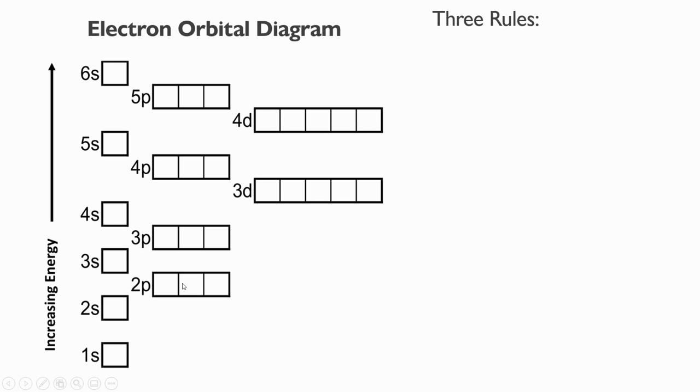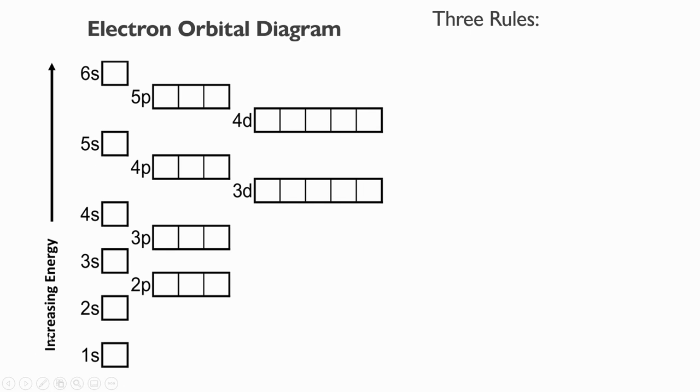These 3 boxes represent the 3 different p orbitals at the second energy level. So each box is an orbital in a sense. We're not looking at the shapes anymore, but each box represents an orbital, a p orbital at the second energy level, and so on. So these guys up here would each represent a d orbital at the third energy level. So that's what this is all meaning.